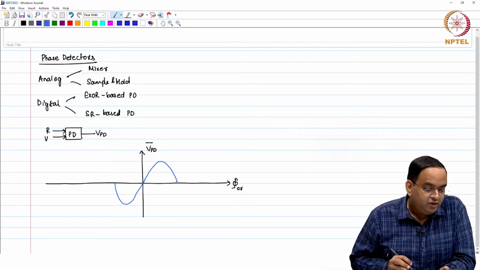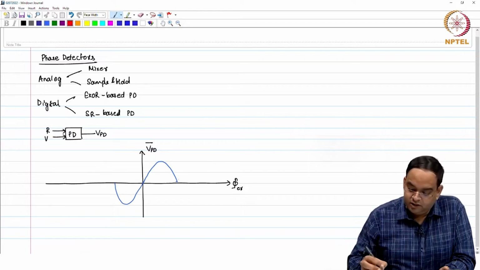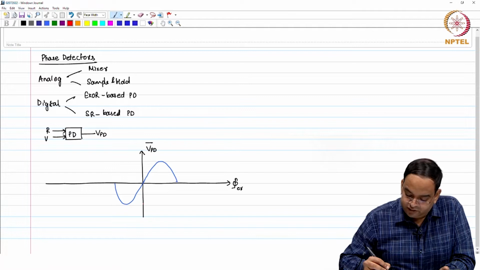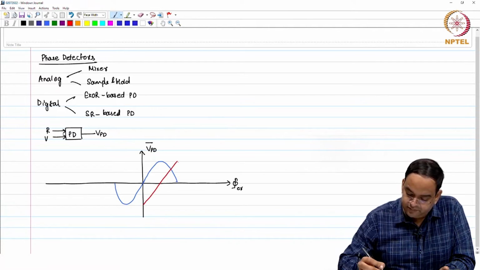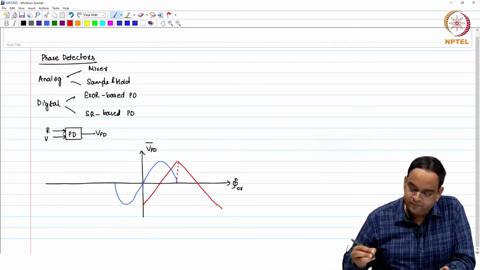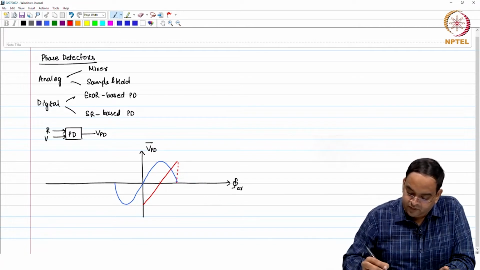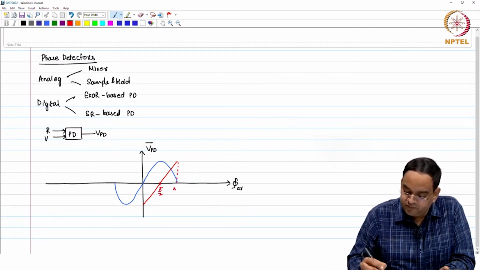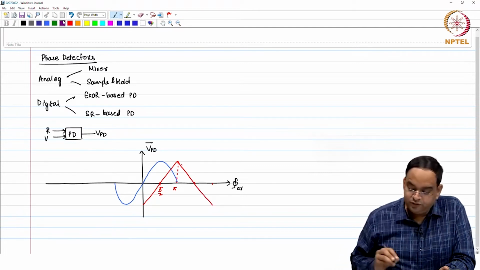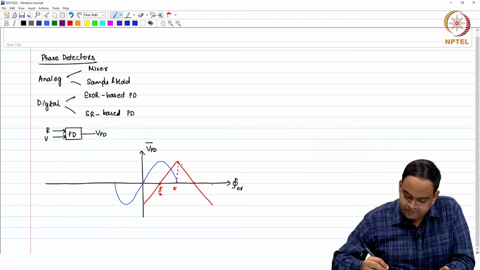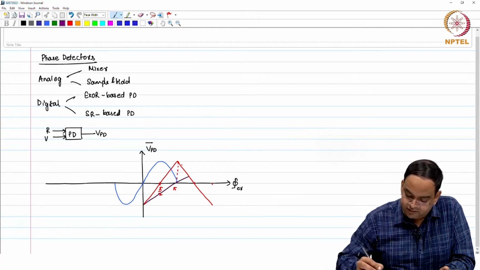Then the one which we saw earlier was XOR based, where you have your output going like this. So this is pi by 2, this is pi. So, you had the XOR based PD, and you have also seen SR latch based PD which was something like this.